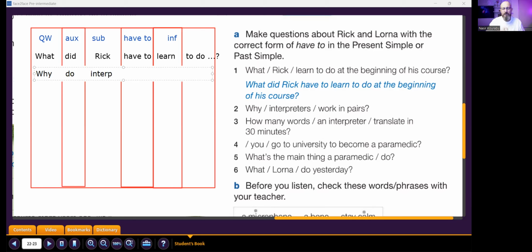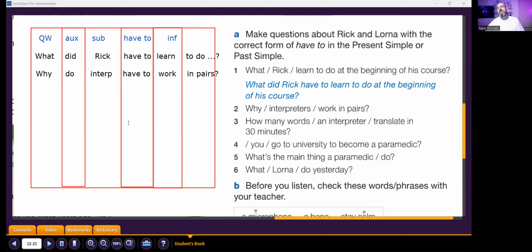Okay, I will not continue the sentence because it's a short space. Why do interpreters, again, have to? We always write have to in the question. Have to work in pairs. Okay, as easy as that.